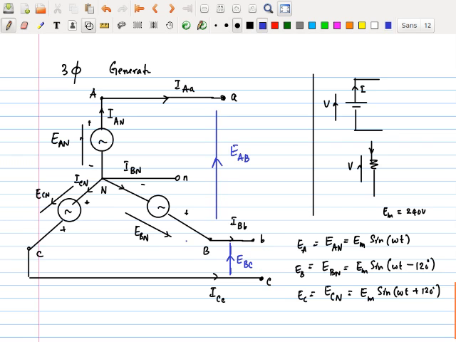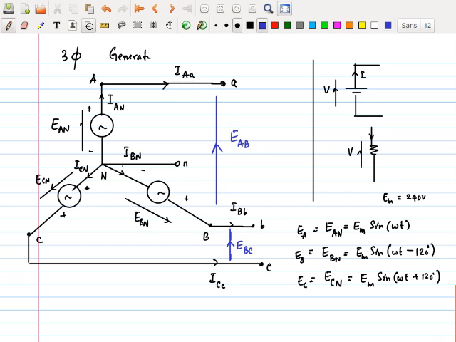Then you have the other voltage drop between A and C, which is going from here to here. I will not mark it because it becomes very cluttered. Now you have marked all of the voltages.